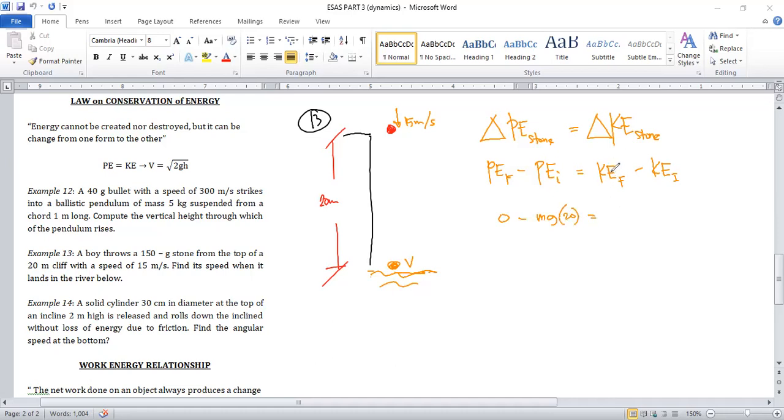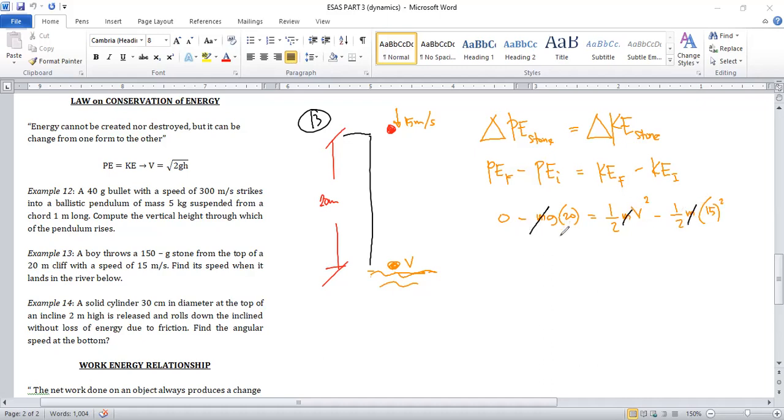That equals kinetic energy final, 1/2 mass of the stone times velocity squared, minus initial kinetic energy, 1/2 mass of the stone times initial velocity squared. So we can cancel m.